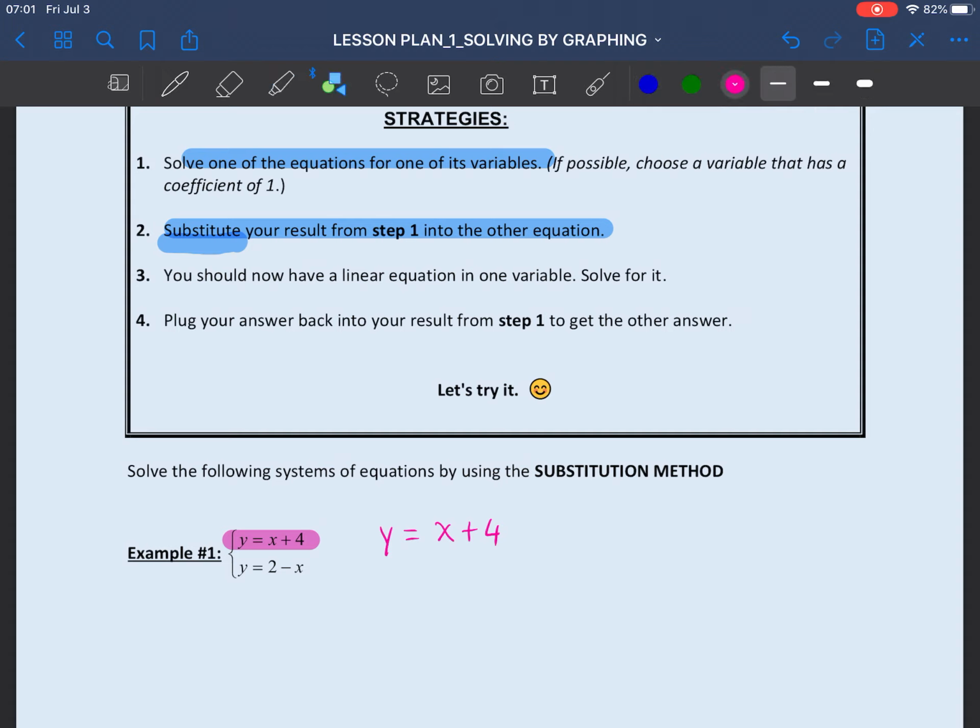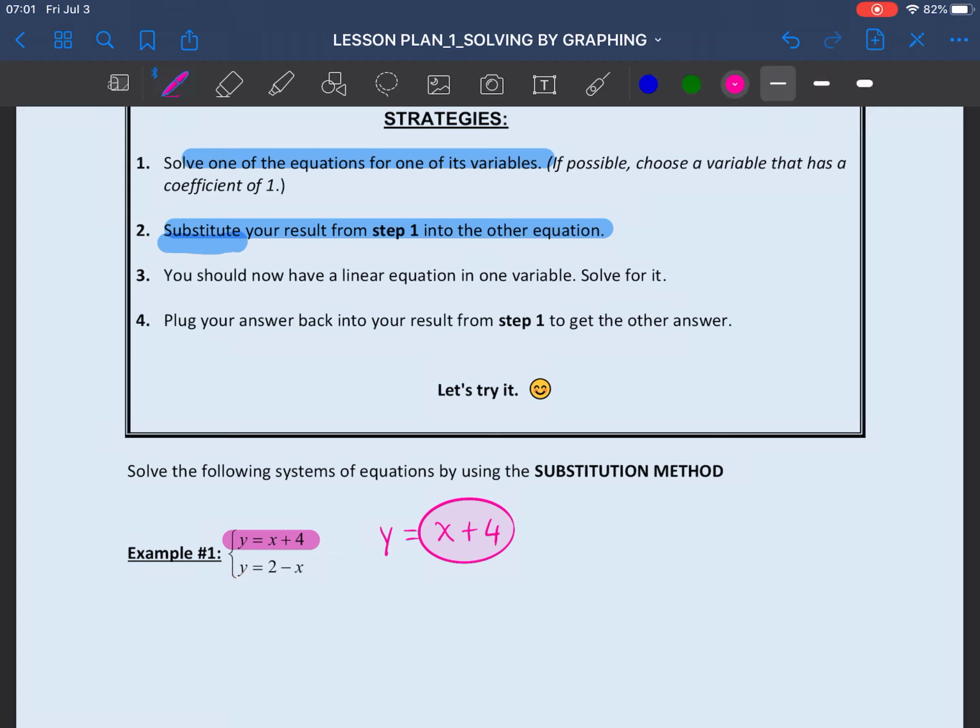This means that the y value, which equals x plus 4, so if you say y or x plus 4, it means the same thing. So the y value of x plus 4 must be substituted now into the second equation. So it will go in place of this y in here.